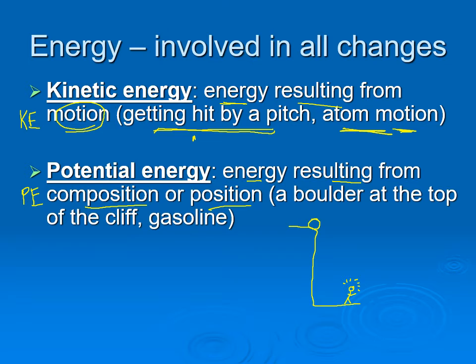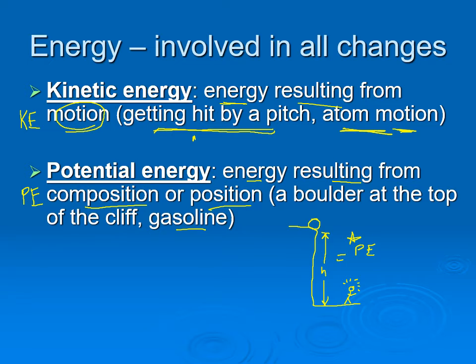This is our worry look with all the worry lines coming off of us, because it has the potential at any moment to fall and maybe cause some change down here, which may result in hurting us. But that is because of position, because this boulder has a particular height difference between us and the boulder that equals a lot of potential energy, a lot of ability to cause change.